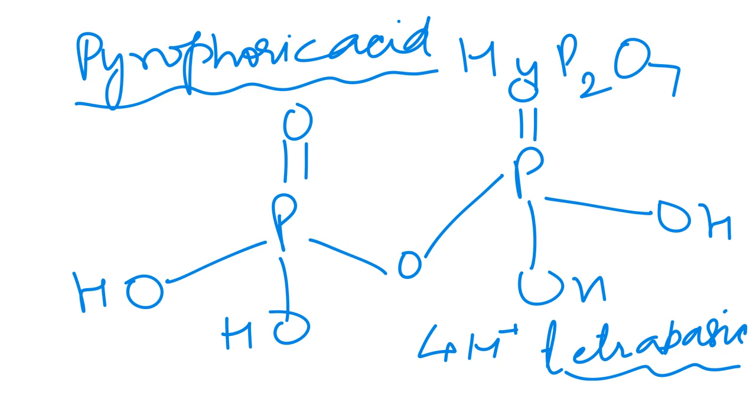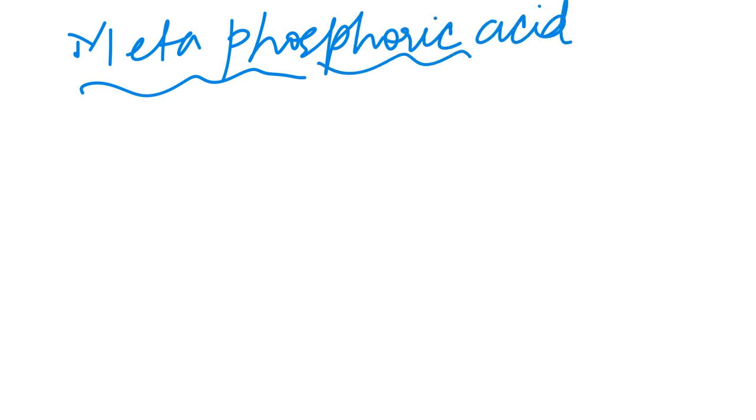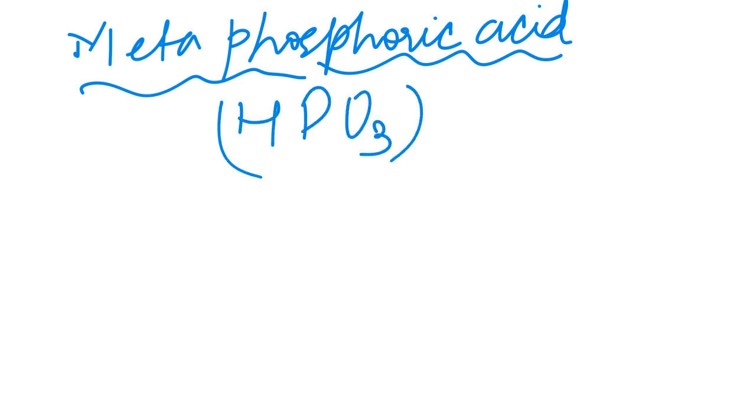Then last is metaphosphoric acid. It's very simple. Its formula is (HPO3)n. Means it is in polymeric form.